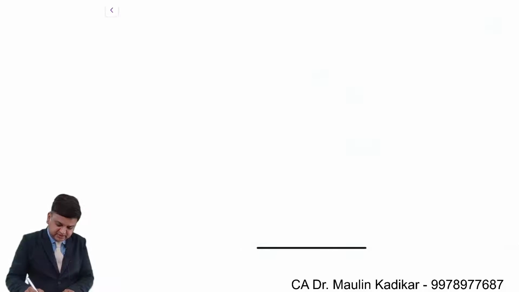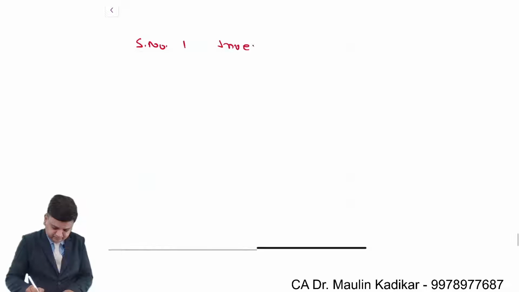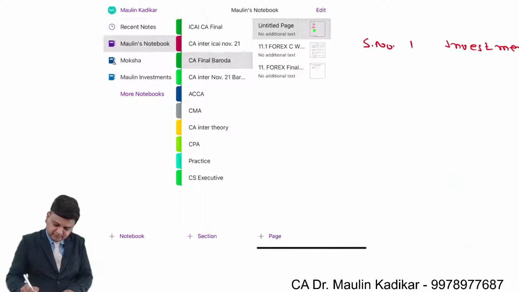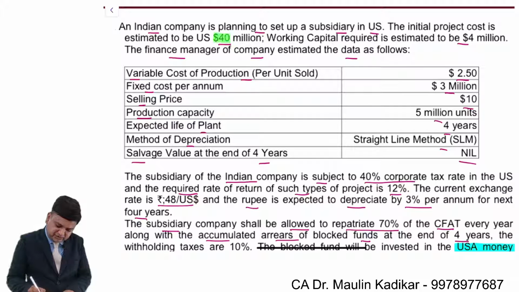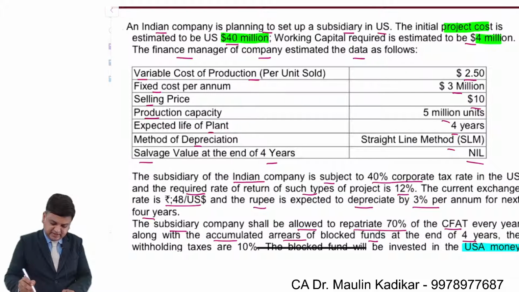So let us have working one by one with the working notes. Let us start with the answer. Step number 1, investment. As far as the investment is concerned, it is $40 million, that is the project cost or capital investment, and $4 million is the working capital.